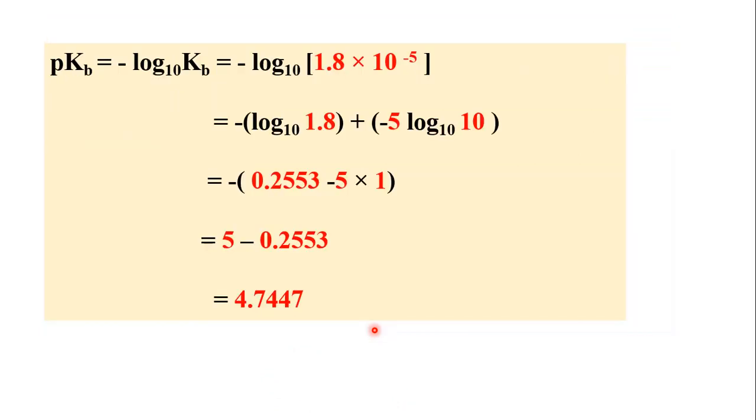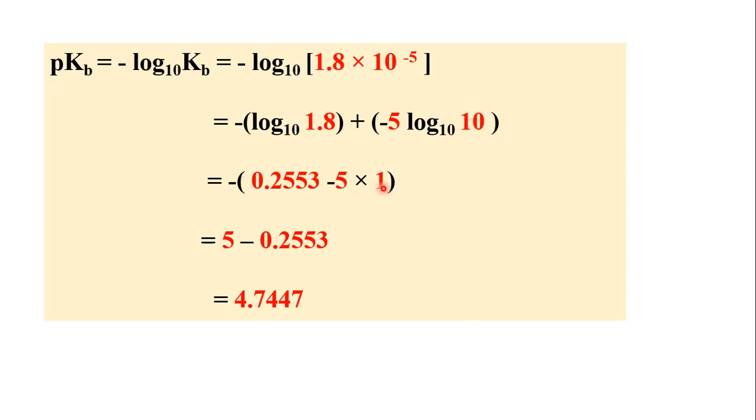So substituting this value, first you have to calculate what? The pKb. And pKb is equal to minus log to the base 10 of Kb, and that is equal to minus log to the base 10 of 1.8 into 10 raised to minus 5. That is equal to minus log to the base 10 of 1.8 plus minus 5 log to the base 10 of 10.